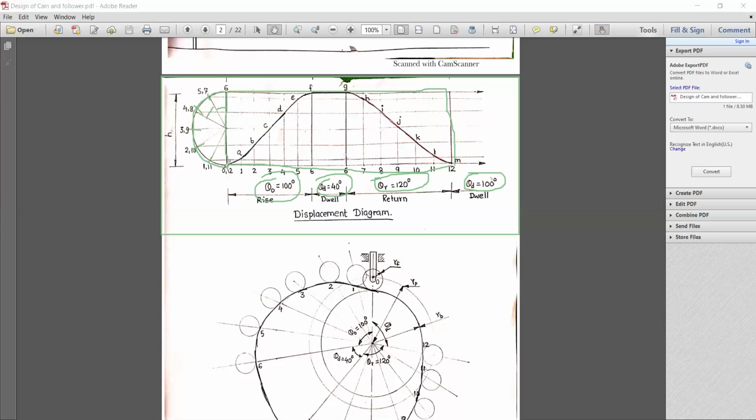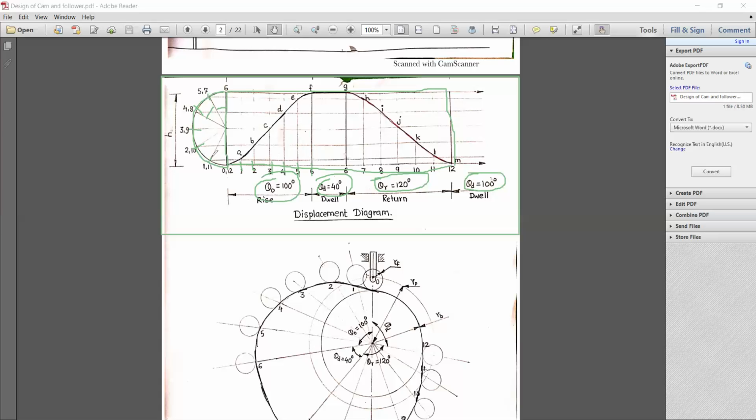Similarly you can make the 6 divisions. Now here also, as the rise and fall are simple harmonic motion, we have to divide the linear length into 6 divisions, 1 2 3 4 5 6.